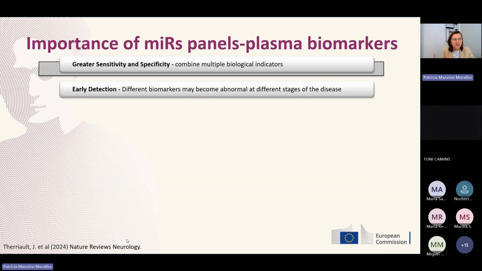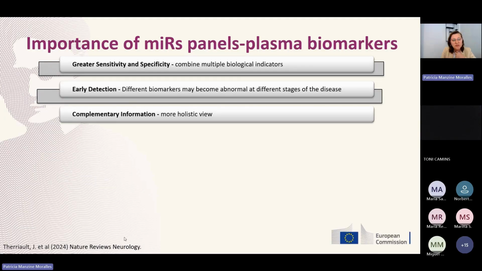As Alzheimer's disease is a huge disease with multiple biological and pathobiological factors, we can also use them for early detection. Different biomarkers may become abnormal in different stages of the disease, so it is important to look for panels of biomarkers.